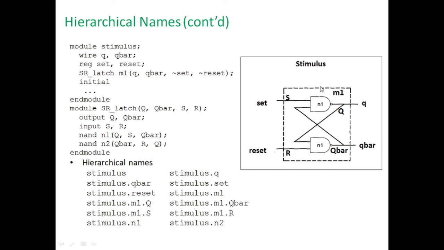Inside the environment I have m1 as the SR latch module, and inside the SR latch module I may have some signals. If I want to refer to those signals, again I have to come down the hierarchy: stimulus dot m1 dot q, stimulus dot m1 dot q bar, stimulus dot m1 dot s, stimulus dot m1 dot r. This is hierarchical reference, or referring to anything hierarchically.